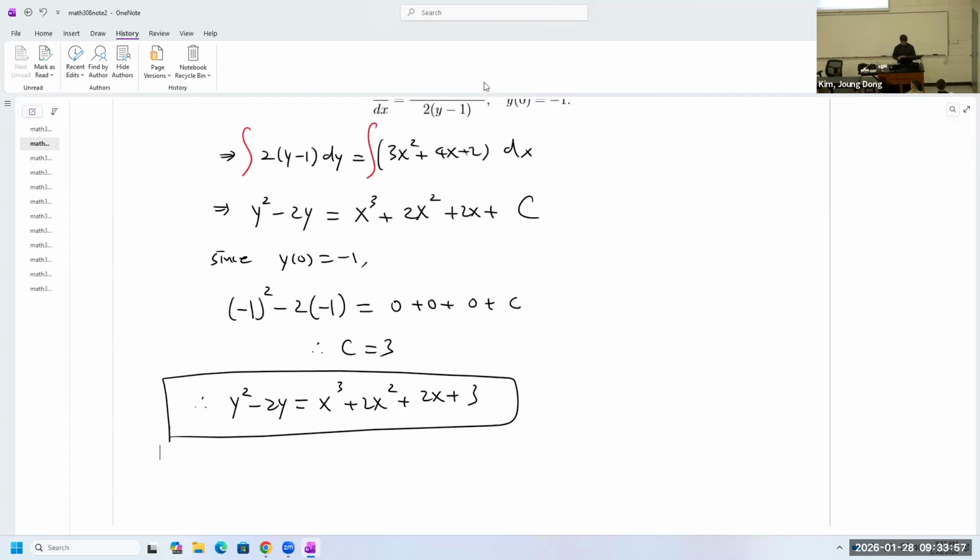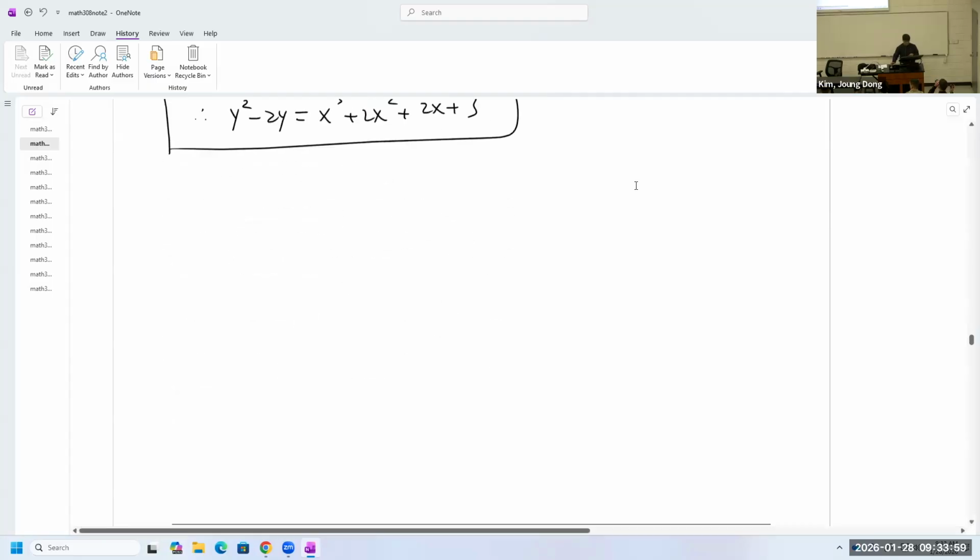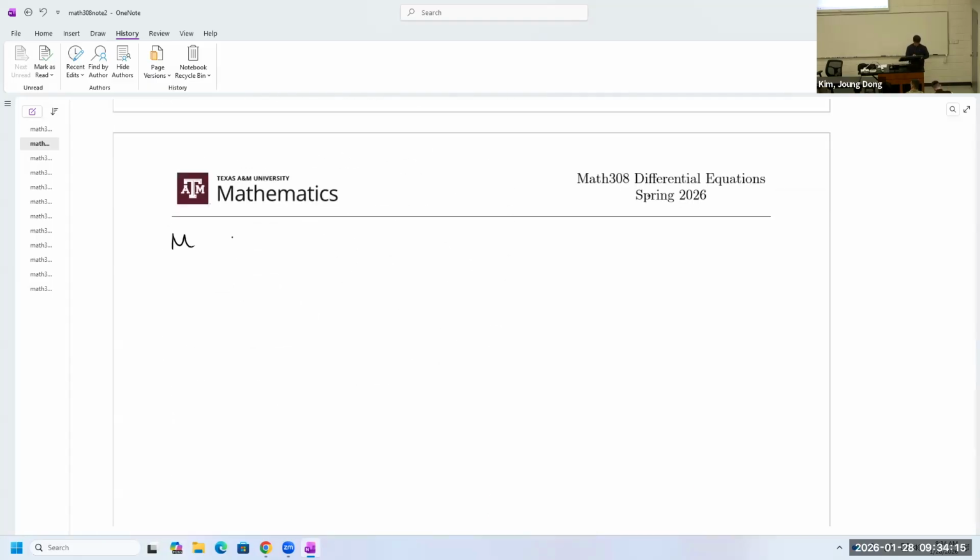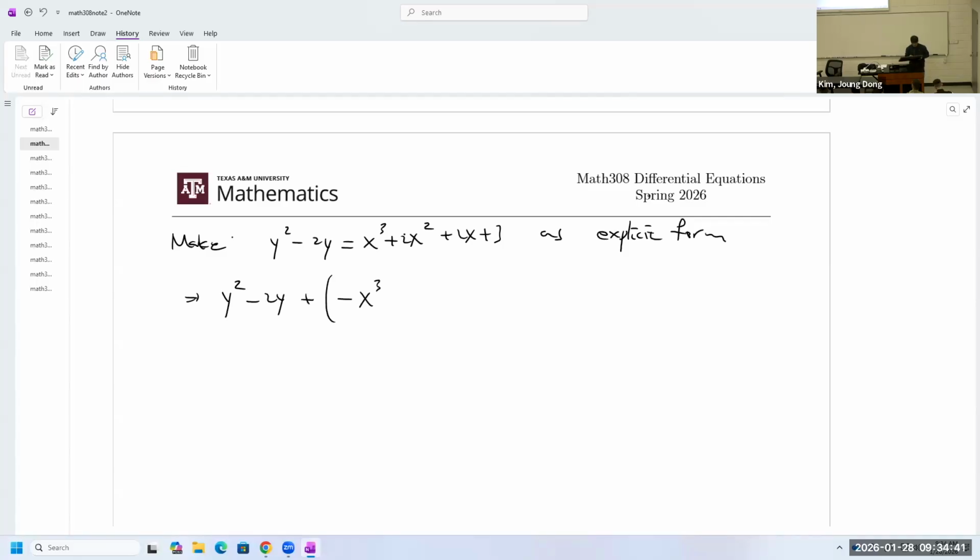Done. And we can try to make it an explicit form, okay? We have y squared minus 2y equal to x cubed plus 2x squared plus 2x plus 3. For that purpose, let me move all the right-hand side to the left-hand side: y squared minus 2y minus x cubed minus 2x squared minus 2x minus 3.